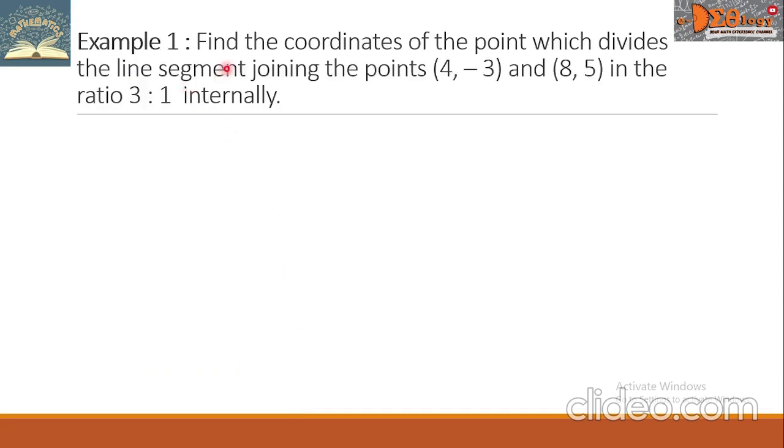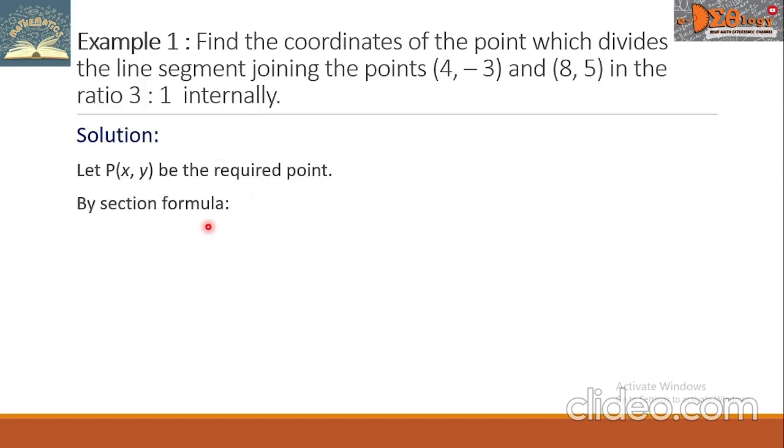Example 1. Find the coordinates of the point which divides the line segment joining the points 4, -3 and 8, 5 in the ratio 3:1 internally. Let P, x, y be the required point. By section formula, the x coordinate will be m sub 1 times x sub 2 plus m sub 2 times x sub 1 all over m sub 1 plus m sub 2.